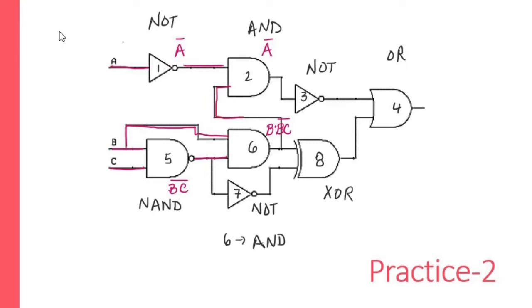So we have not A coming in, and our second input into the AND gate, so I'll use multiplication, is B and not B and C. Then that whole mess, not A and B and not BC, goes through a NOT gate. So the output here is not A and B and not B and C, with a negation over the entire piece.